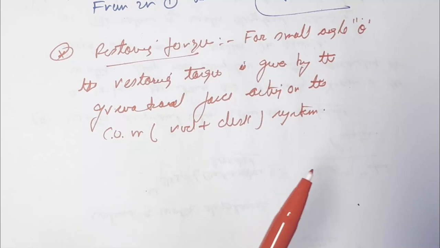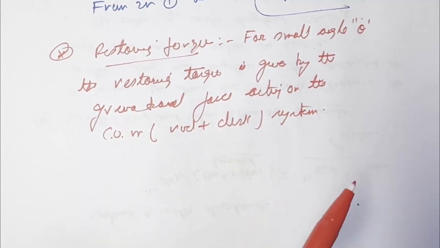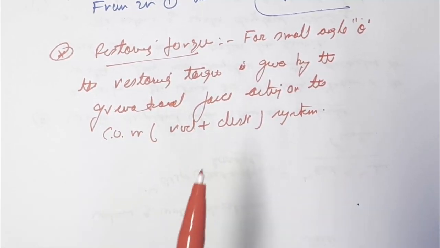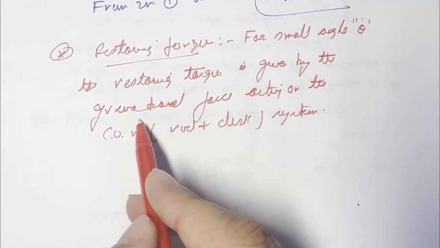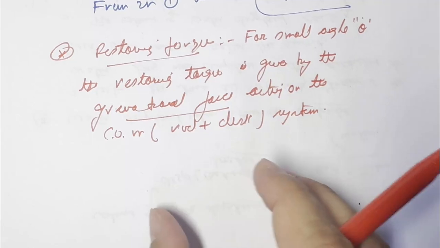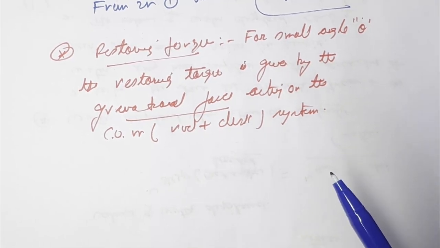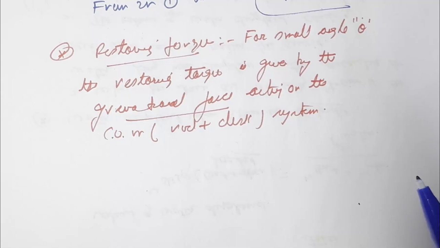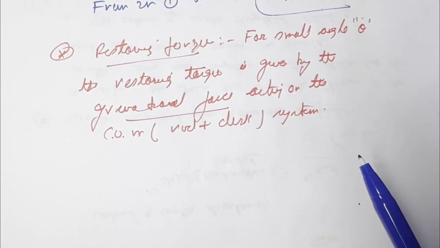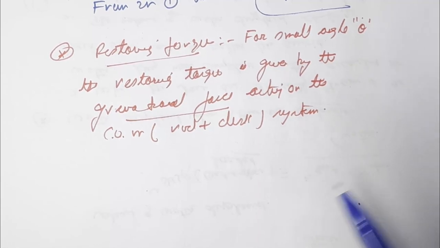So the restoring torque is not dependent whether the disk is rotating or not rotating. It is only dependent upon the gravitational force acting on the center of mass. Okay. So it means as the length of the rod is fixed, the radius of the disk is also fixed, or we can say mass of the disk is also fixed, as well as the mass of the rod is fixed along with the length and radius. Therefore, the center of mass is not going to change in case A as well in case B. It is going to remain same.